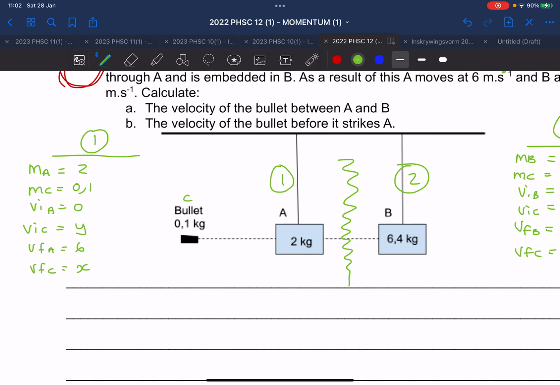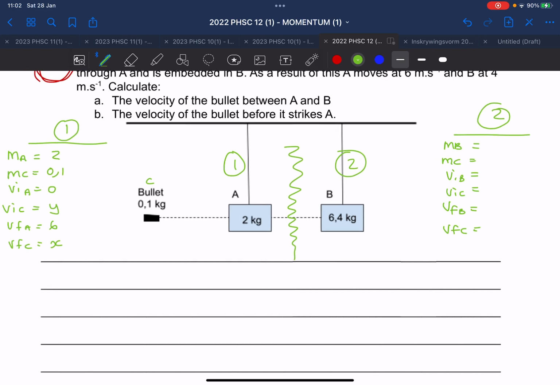If we look at scenario 2, the mass of B, we have that as 6.4. The mass of C, the bullet, is 0.1. The initial velocity of B, what is that? 0. Before the bullet comes into it, it's just hanging.